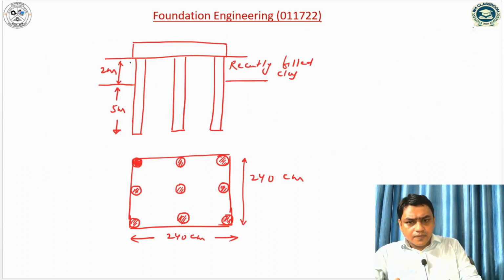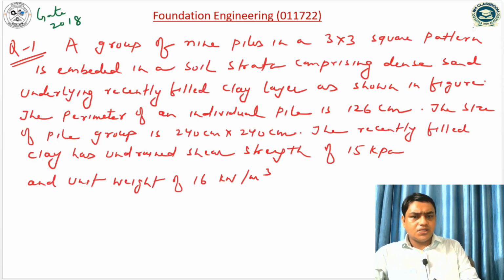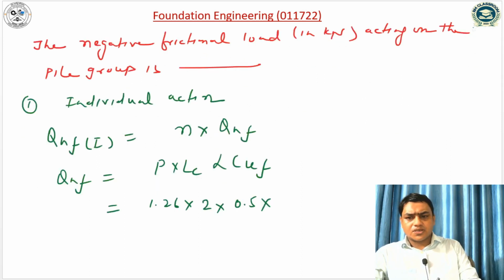So we can see that in this region negative skin friction will occur. So the value of LC is equal to 2 meter, and skin frictional resistance will occur in this region. LC is 2, and alpha is not given. So let us assume the value of alpha is 0.5, and cohesion is 15 kilopascal.